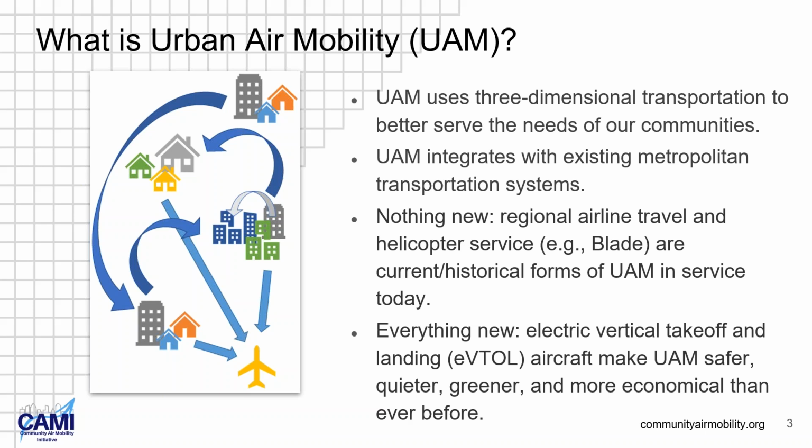In some aspects, this is nothing new. We've been using regional airline travel and helicopter services for a long time. But in other ways, this is completely new. The new eVTOL aircraft enable different missions, different routes, as well as the electric fixed wing, and they make air travel safer, quieter, greener, and more economical.